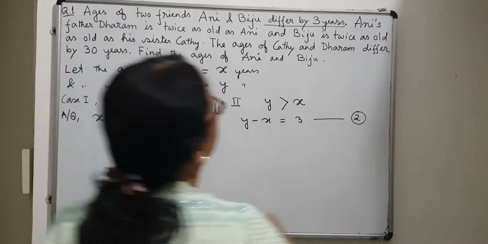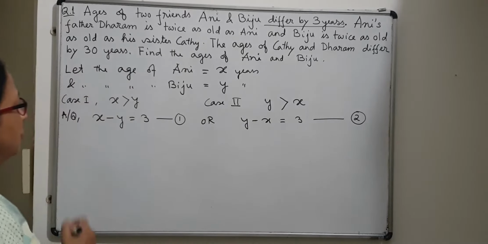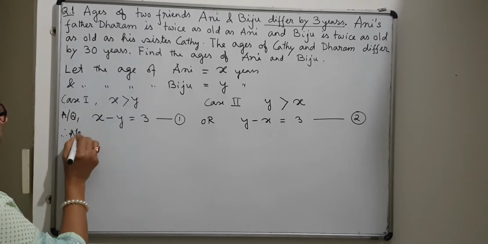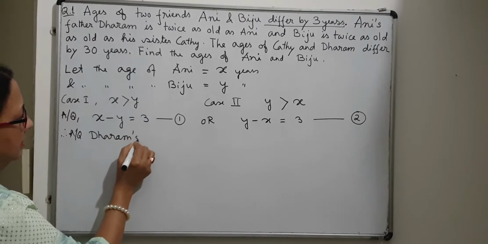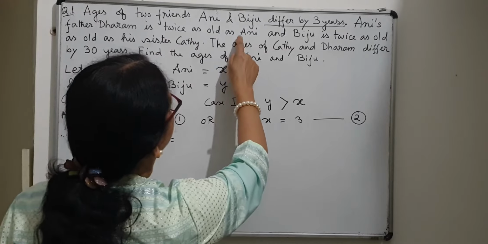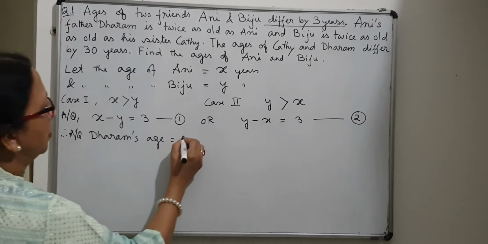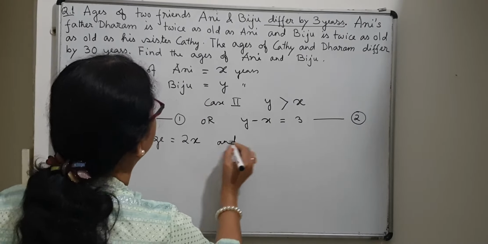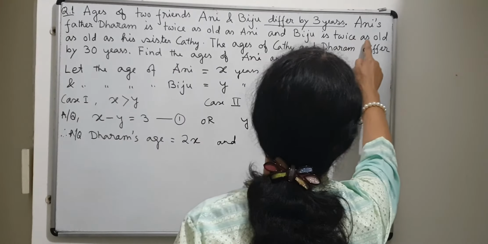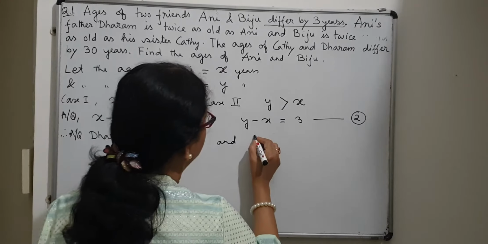So two possible equations will be there. Next, let us move ahead. Ani's father Dharam is twice as old as Ani. So according to the question, Dharam's age is twice the age of Ani. Ani is x, so it is 2x. And Biju is twice as old as his sister Kathy.